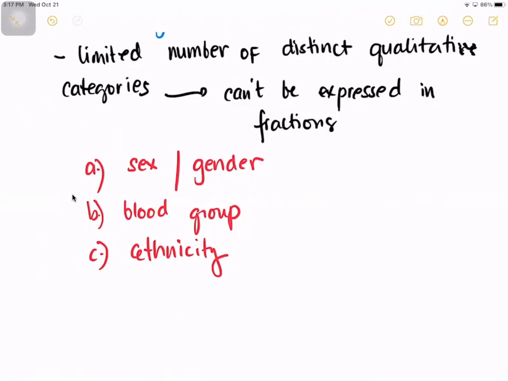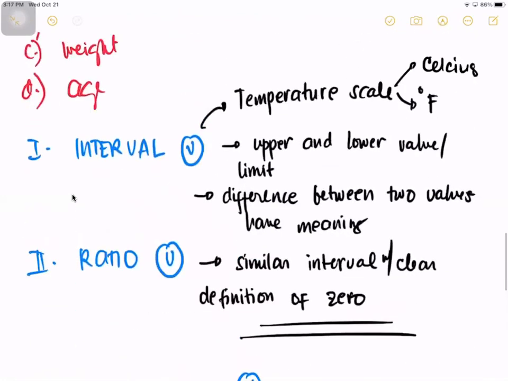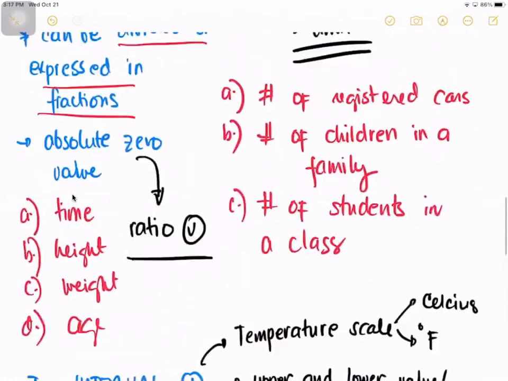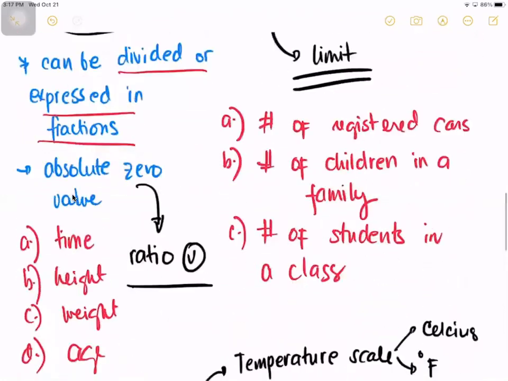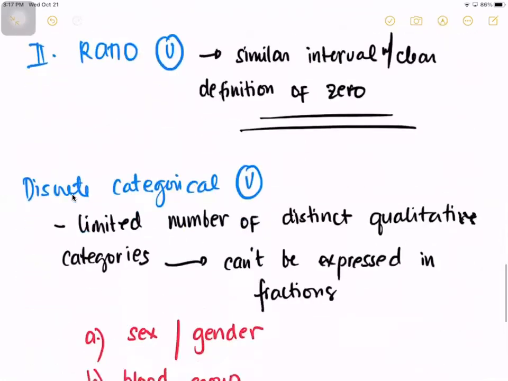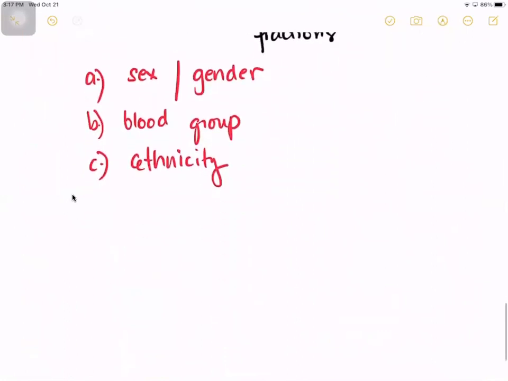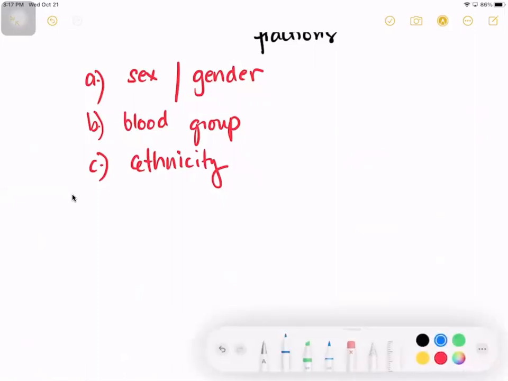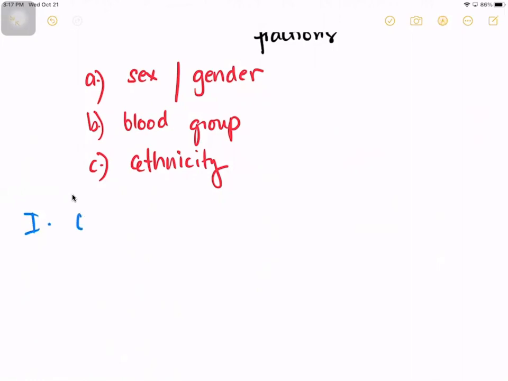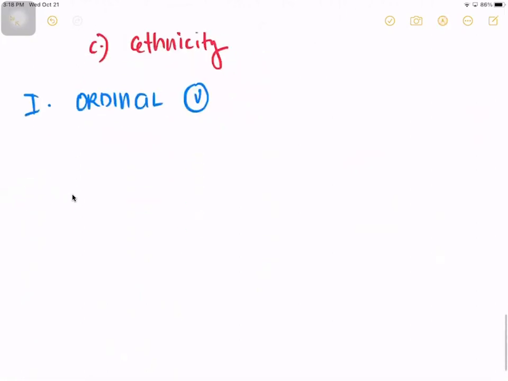Now, just like interval and ratio variables under our continuous variable, in our discrete categorical variable we also have subtypes. And what are these subtypes? Our first subtype is your ordinal variable. And we have your nominal variable.